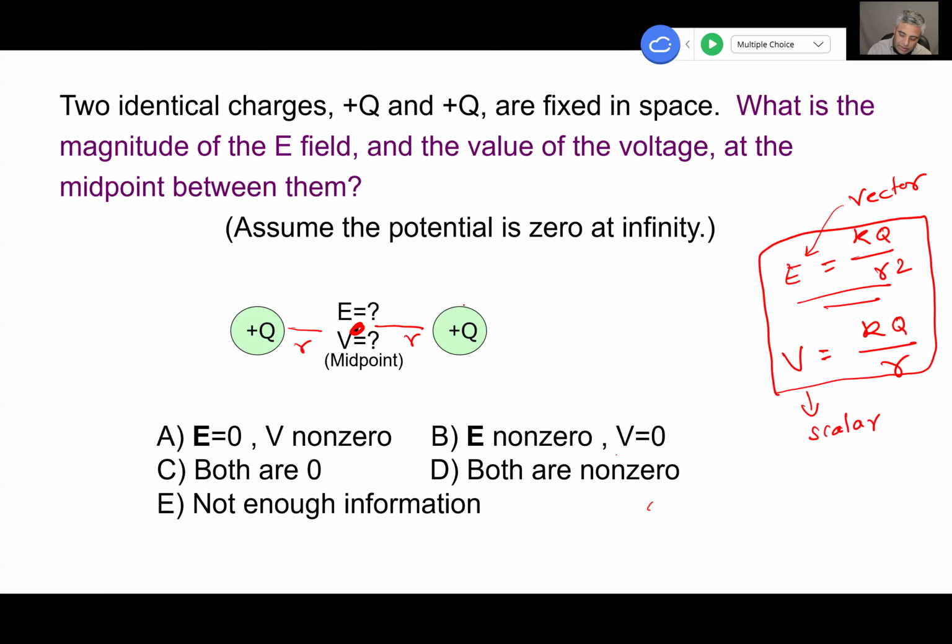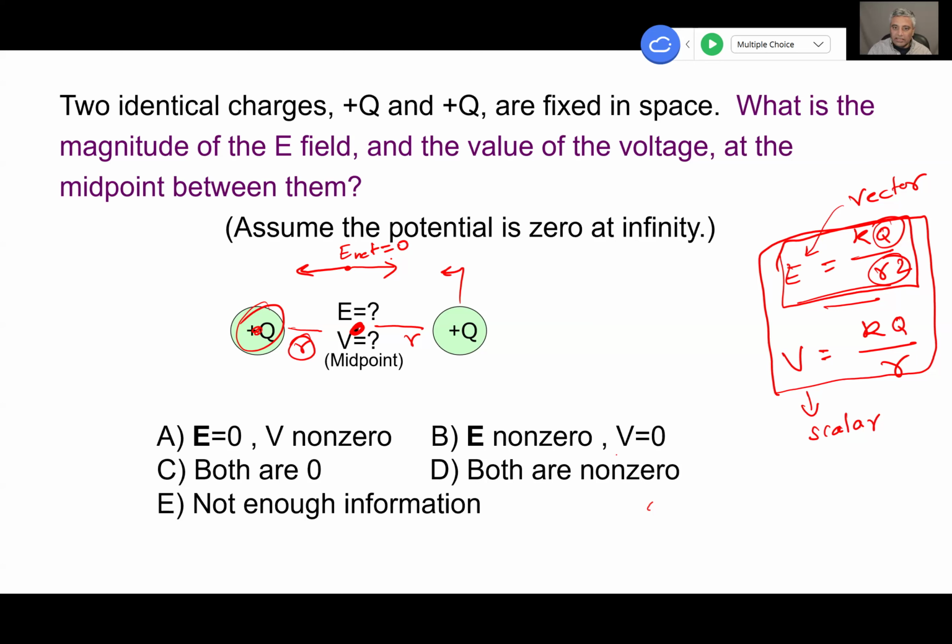So field due to this is going to be pointing this way at that point, and field due to this one is going to be pointing that way. Charge is the same, distance is the same. So that means the value of the field is the same, but they are in opposite directions, okay? So that's why E net is 0.